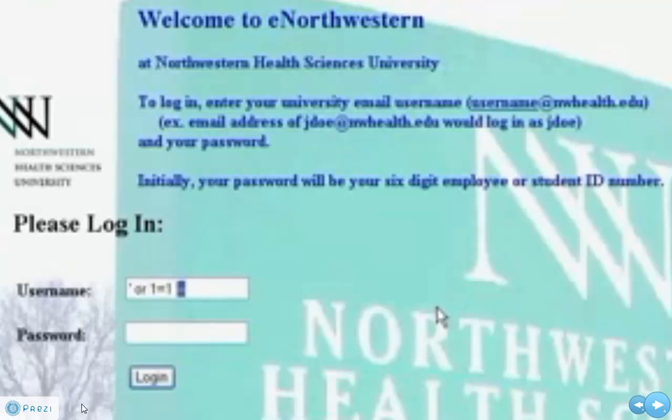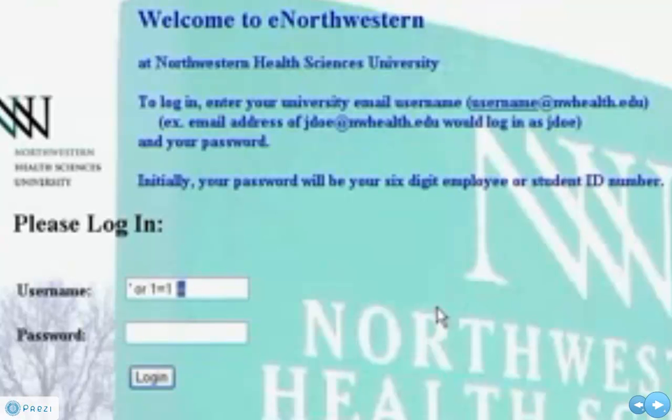So the select statement that gets generated is something like select all from some table where password equals, and then in single quotes it puts in whatever variable comes from the form.